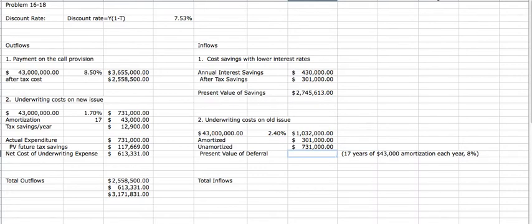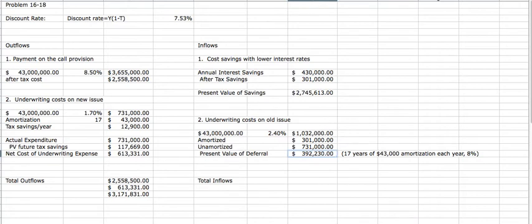Again, we can clear our time value of money. 17 is N, 8 IY. We're calculating the present value, so we'll skip that for now. 43,000 payment, 0 future value. Let's compute the present value. That ends up being $392,230. $392,230 is the present value of that amortization for 17 years.